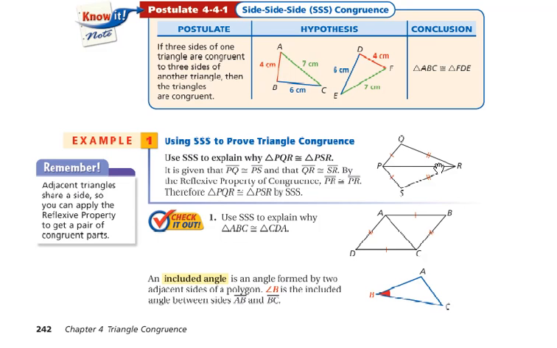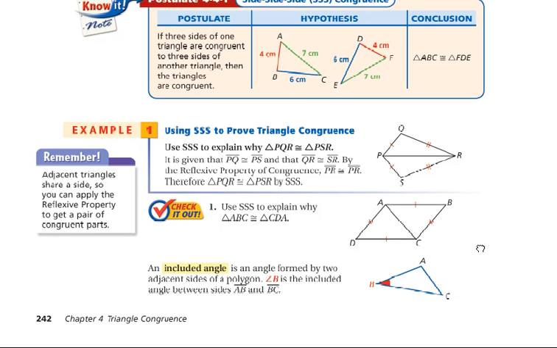Basically, we have one segment that is the same length for both triangles, and so when we have all three sides congruent, then the two triangles are congruent according to our side-side-side.